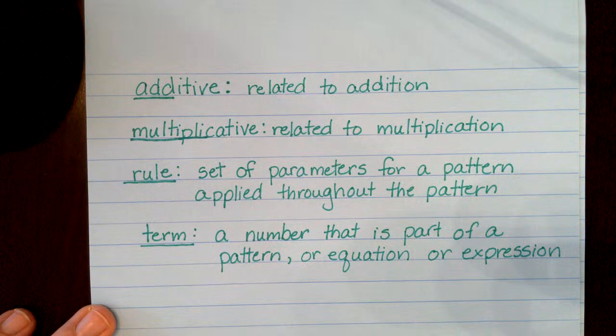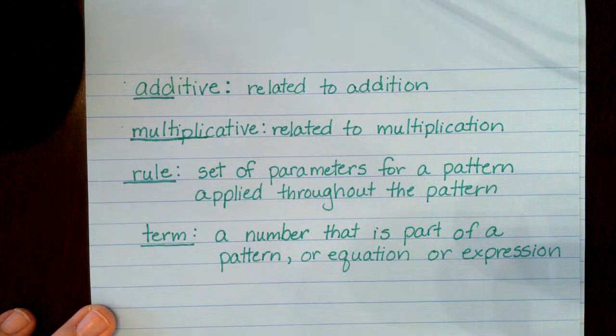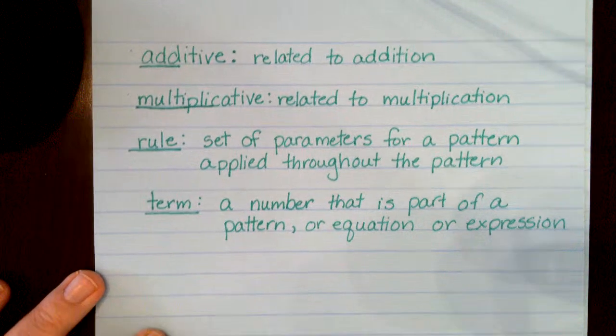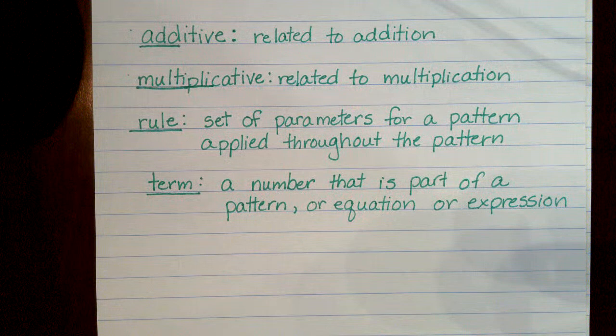If the pattern is increasing, it's going to be dealing with addition and multiplication. If it's decreasing, it's going to be dealing with subtraction or division. We're specifically dealing with addition and multiplication in this one. So let's look at some different patterns.